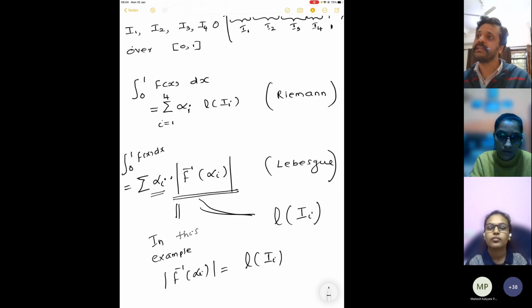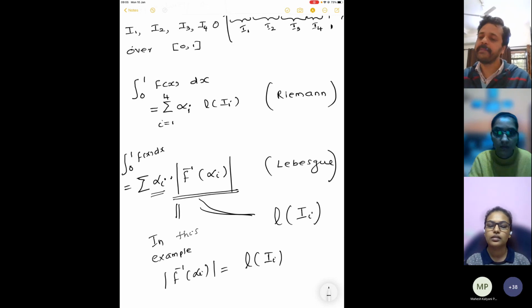And unfortunately, this raises the question. If I want f inverse of a distinct value, that f inverse can be arbitrary sets. And I want some means to measure these sets other than intervals.